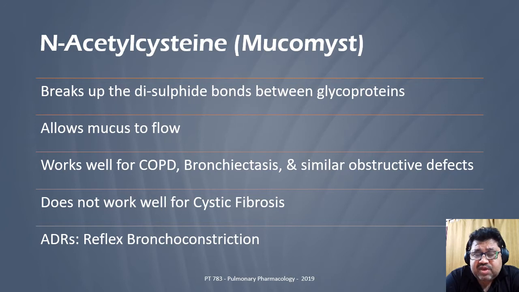The adverse reaction of mucomyst is that it triggers a reflex bronchoconstriction that may be adverse, because it's common to use mucomyst in these disorders that produce mucus but also have bronchoconstriction that can be exacerbated by mucomyst.